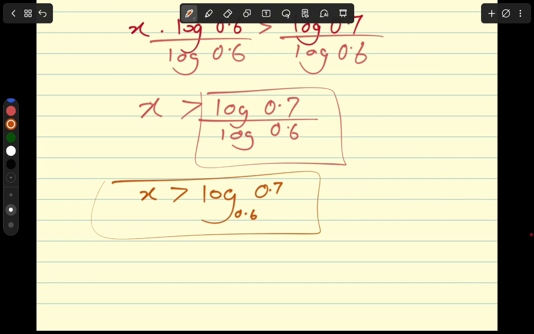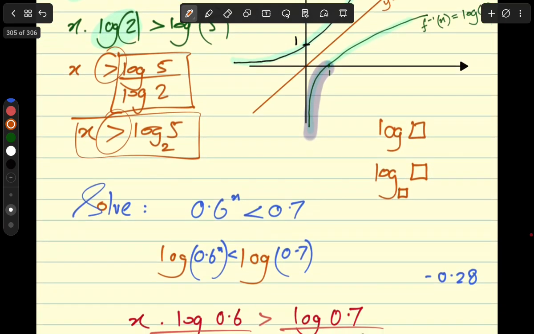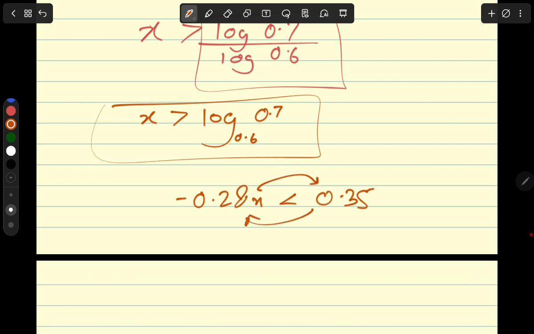Now, why does this happen? I don't want you to memorize that whenever you are dividing by a negative, the sign changes. But I told you the intuition: if you have a negative 0.28x here, and then it is less than, let's say, 0.35 here. Now, if I send this there and bring this here, what does this become?